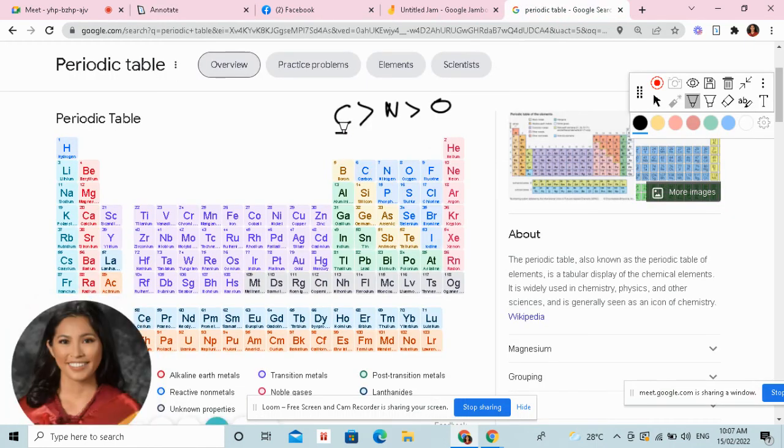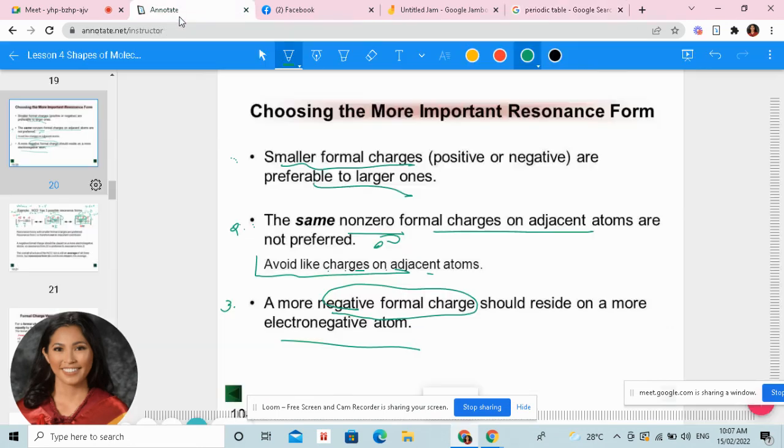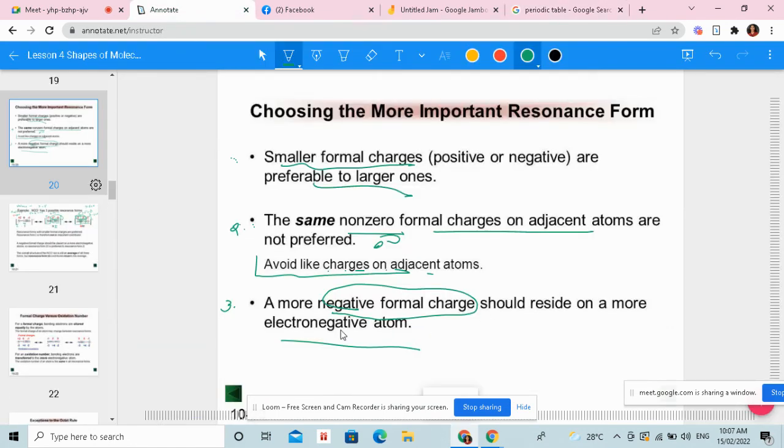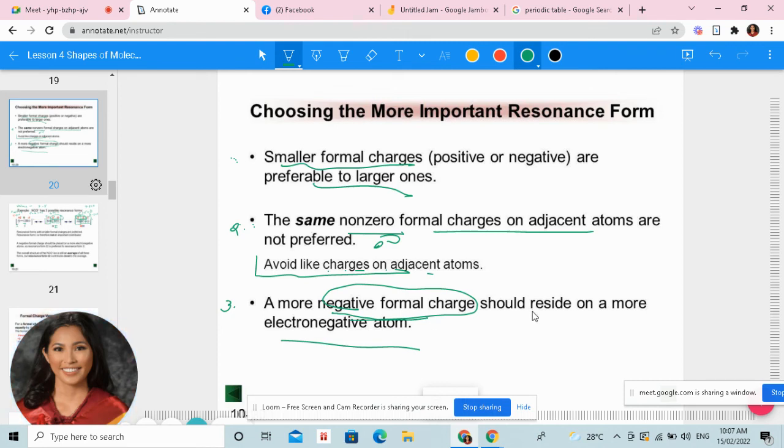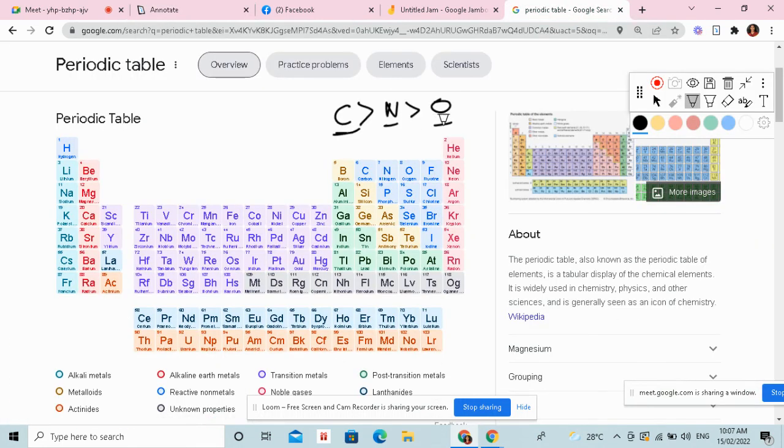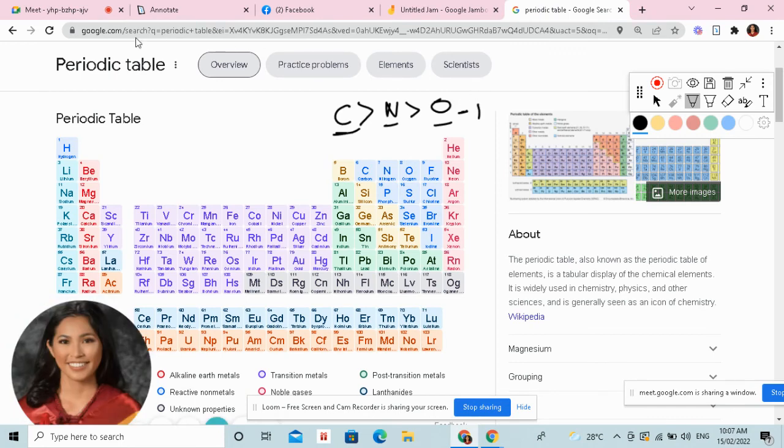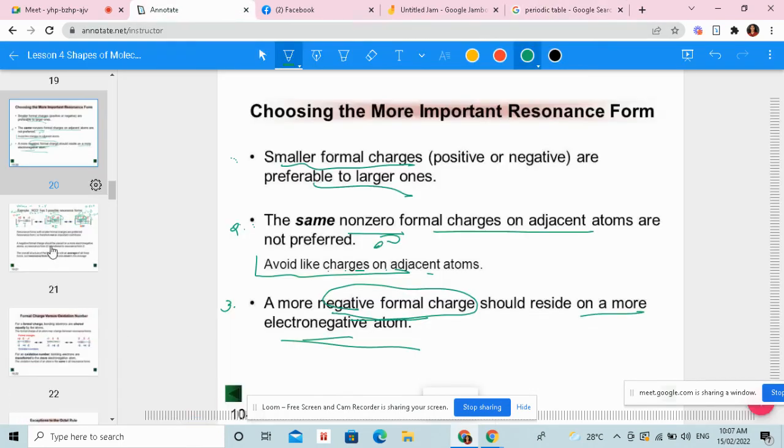Now, among carbon, nitrogen, and oxygen, which is the most electronegative? Oxygen. So the negative formal charge should reside on the more electronegative atom, so it should be on oxygen.